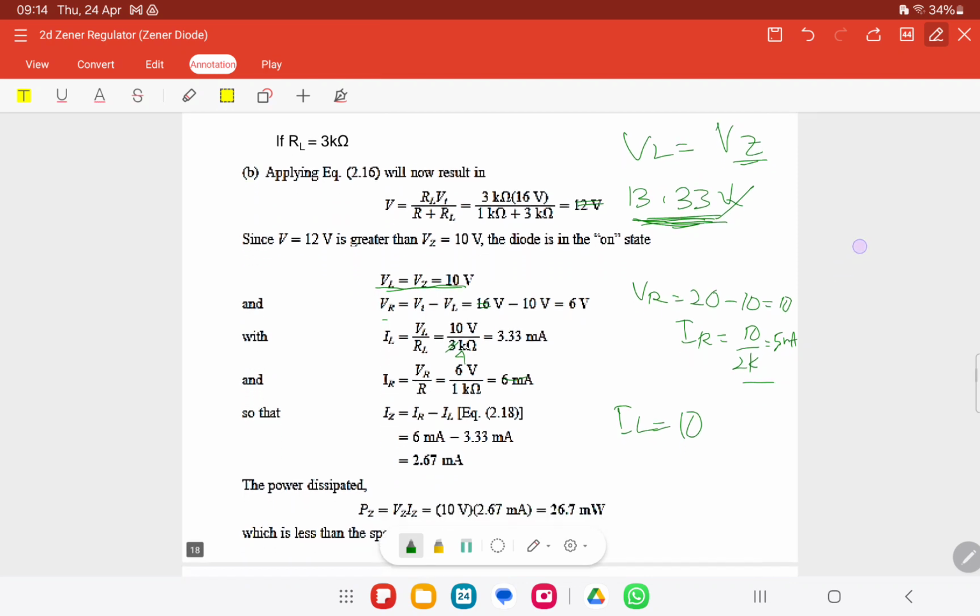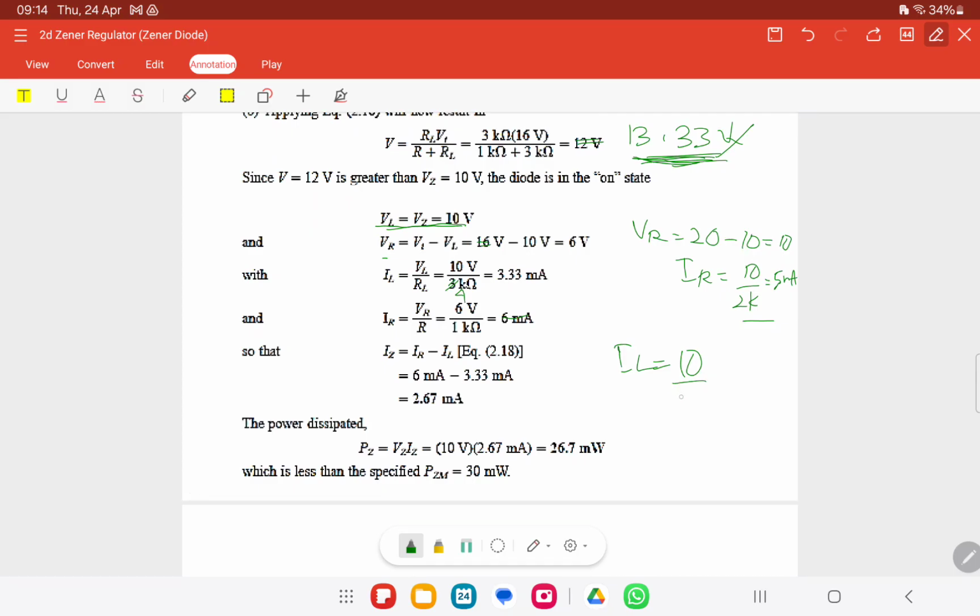So VZ equals VL, which is 10, over RL, which is 4K. Is it 0.25? 2.5 milli. So IL is 2.5 milliampere.